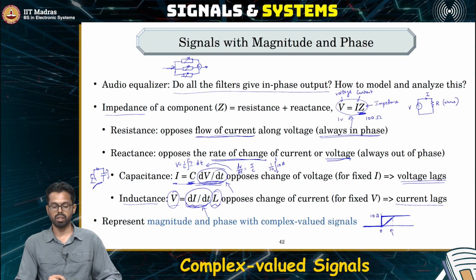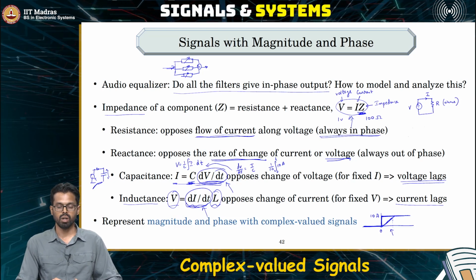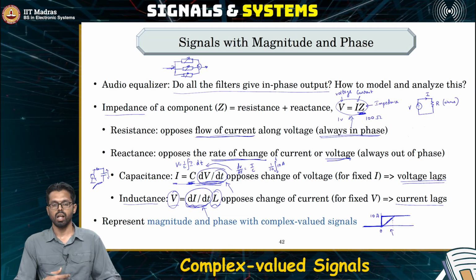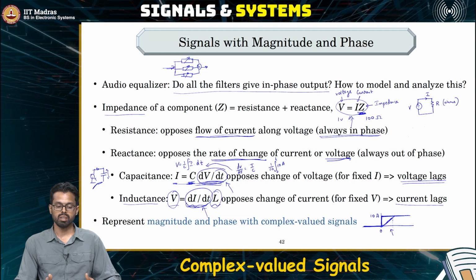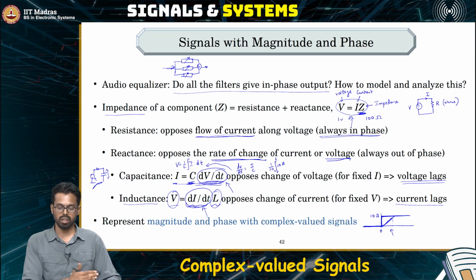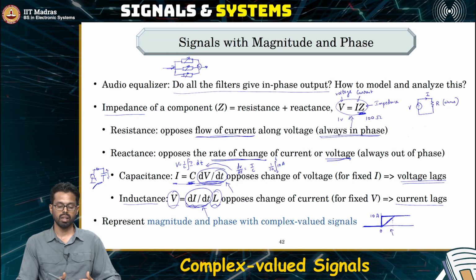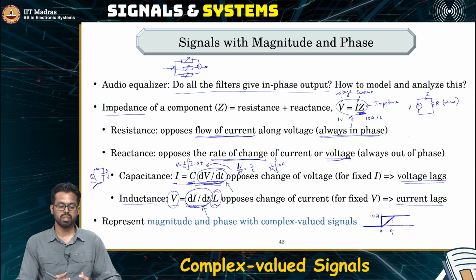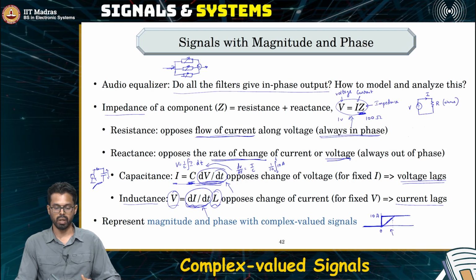So there is going to be a phase difference at the output. Now, how do we model this phase difference? How do we understand and analyze this phase difference? Only when we can understand and analyze it can we design filters such that the output phases are all aligned, and then you can synchronize the audio signal. So we need some kind of representation of these phases and magnitudes.